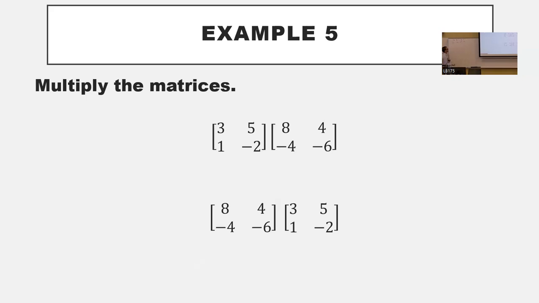And then we're going to multiply in the reverse order: 8, 4, negative 4, negative 6 times 3, 5, 1, negative 2.